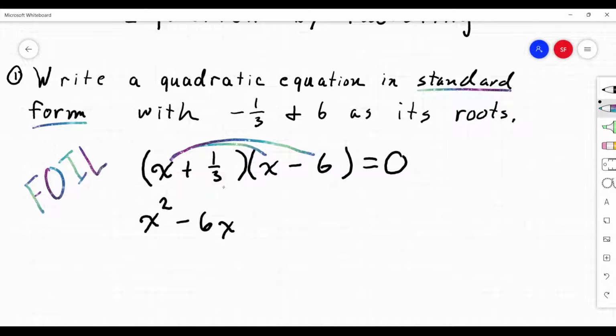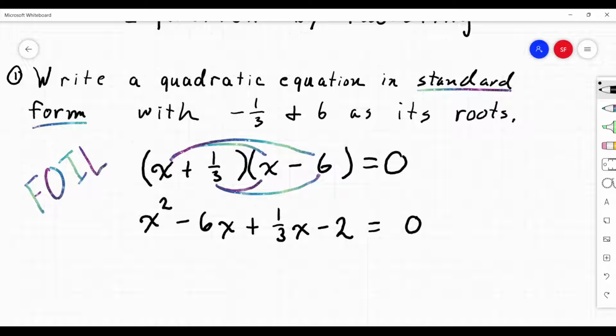Then we're going to do the inside. 1/3 times x is 1/3 x. And then we do the last, which is 1/3 times negative 6, which is what? Negative 2, yes, equals 0.